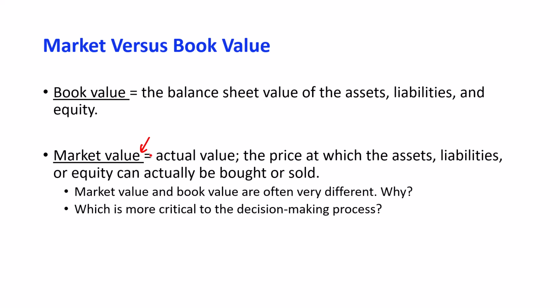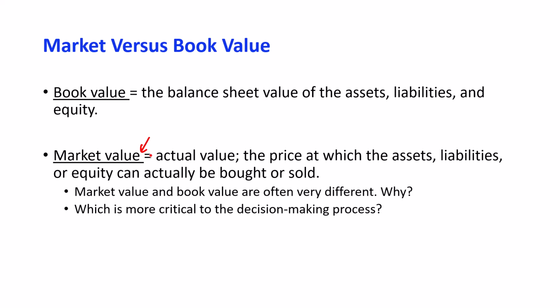One of the reasons for the significant difference between the book values and market values is that some of the most valuable assets of the firm, such as the expertise of the CEOs and CFOs, the talented engineers and scientists that they have, the intellectual capital they have, none of them appear on the balance sheet of the firm at all.